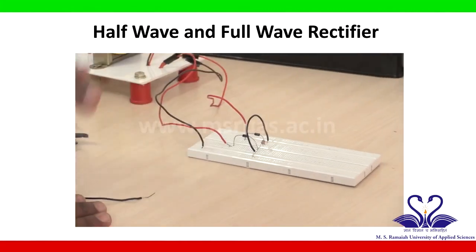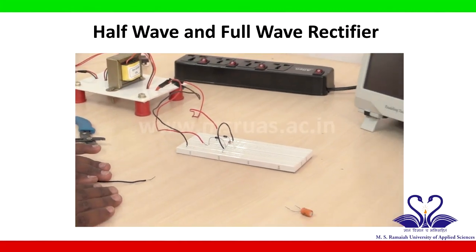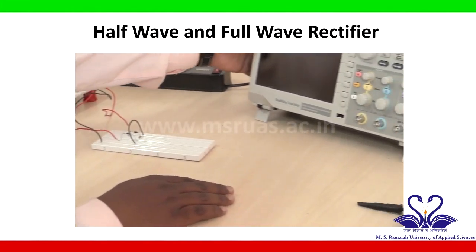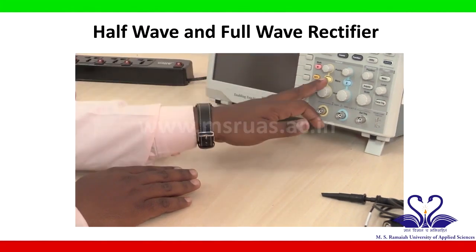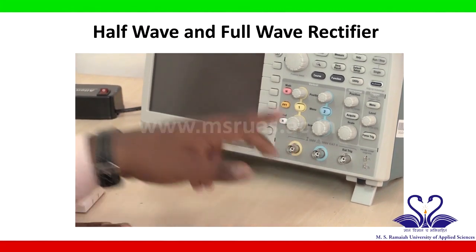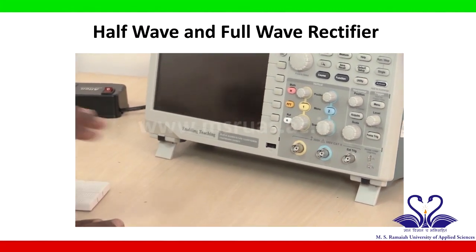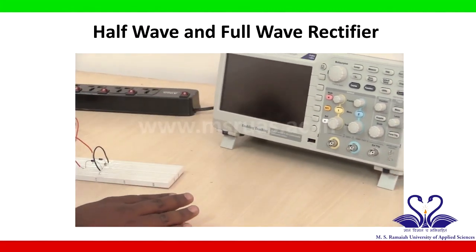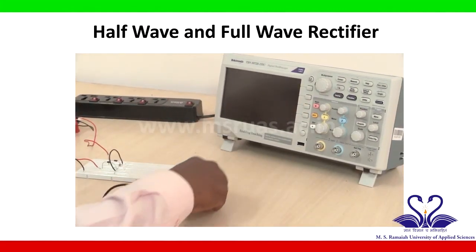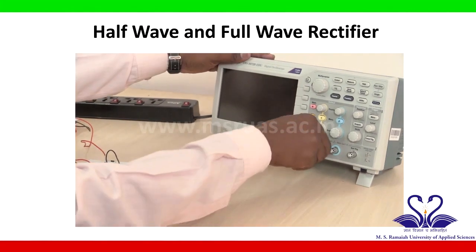Now we will connect a digital oscilloscope to the circuit. This is a digital oscilloscope which has two channels, channel 1 and channel 2. I will connect channel 1 to the input and channel 2 to the output. Let us take a probe and connect it to channel 1.